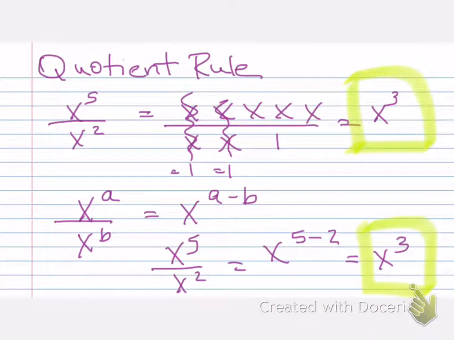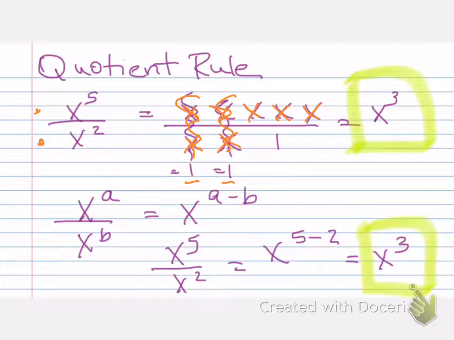The quotient rule is just like the inverse of the product rule, okay? So we're going to take x to the 5th over x squared. If I write it out, I find that my 5 x's are on the top, and I have the 2 x's on the bottom. If I start simplifying, x over x is equal to 1, x over x is equal to 1.